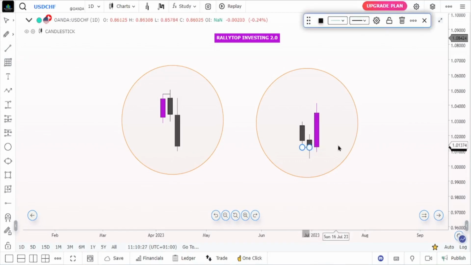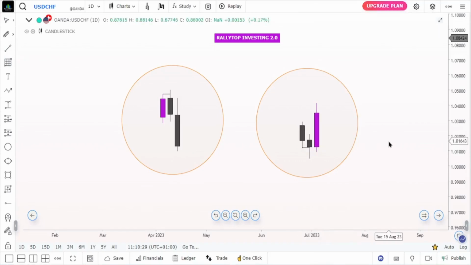And then secondly, the number 3 candle has to completely engulf the middle candle, meaning that it has to close above the high of the middle candle. Okay, so that's the number 2 rule that you need to observe when you want to trade with this candlestick formation.